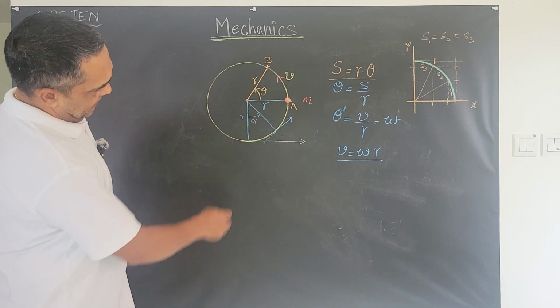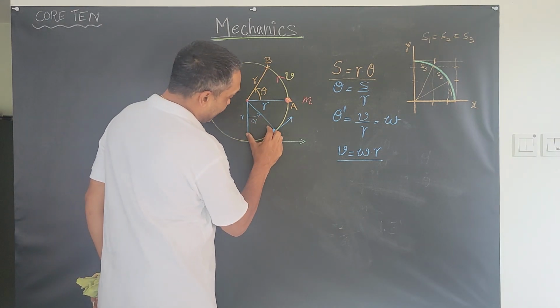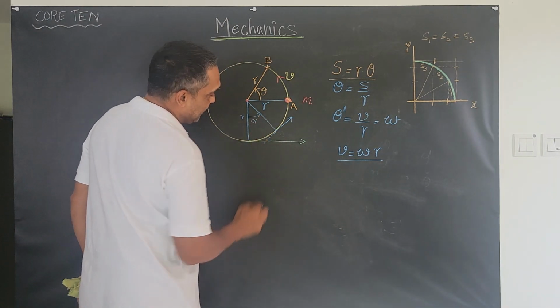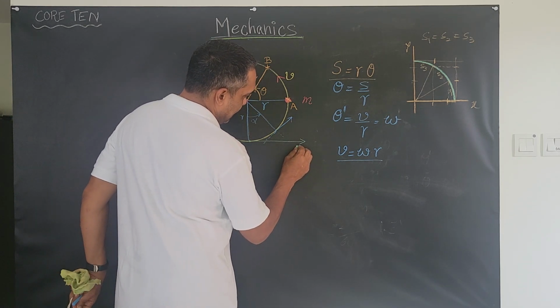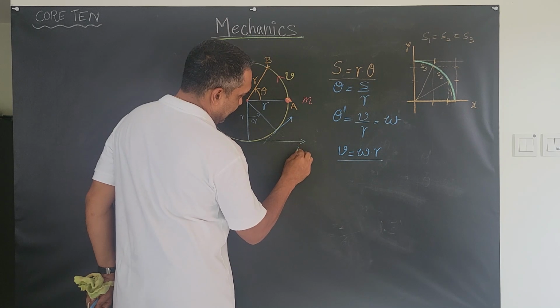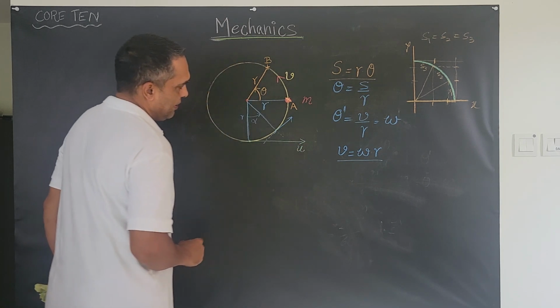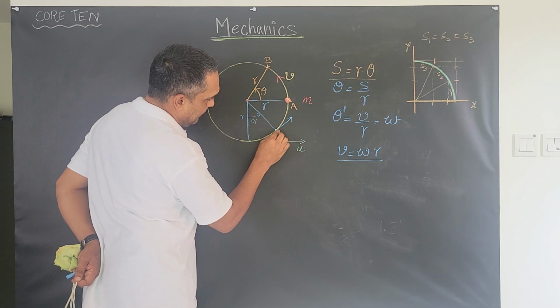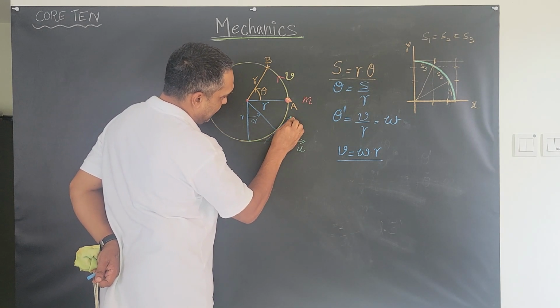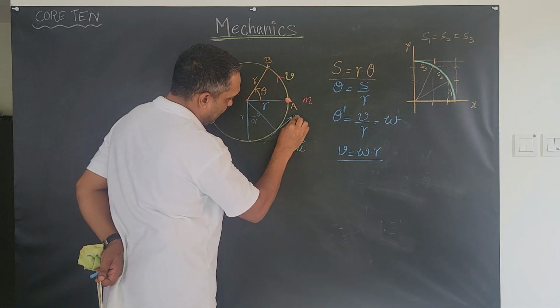Now let's assume I'm just zooming into a very tiny piece of this. And if this is, let's say, u, what might be happening here? The velocity here is also u.